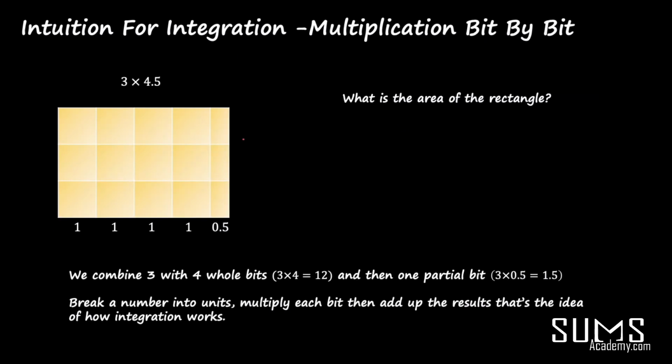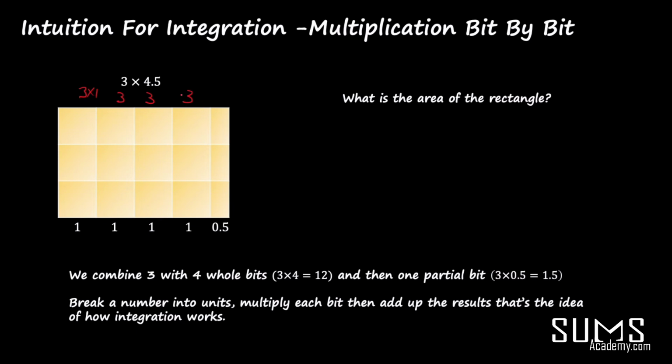Okay, well, what about this? What about this area here where everything's not completely equal? How would we figure this out? Well, you could use just addition. If you take this as 3 times 1, which would be 3, that'd be 3, 3, 3, 3.